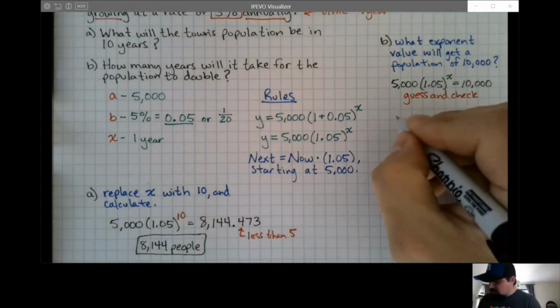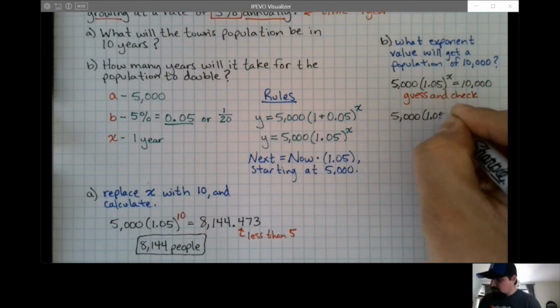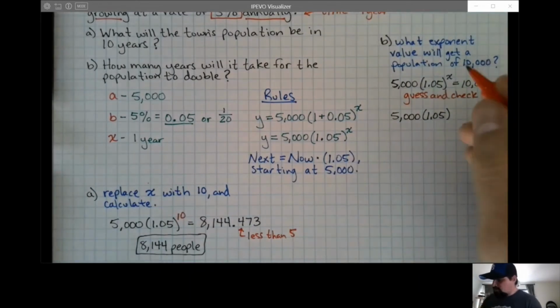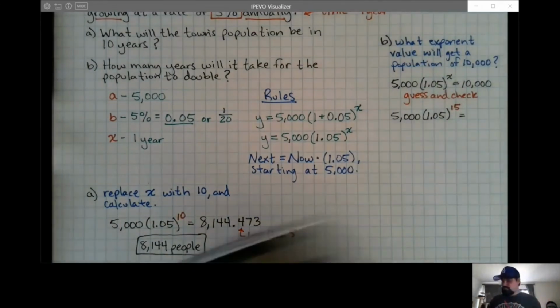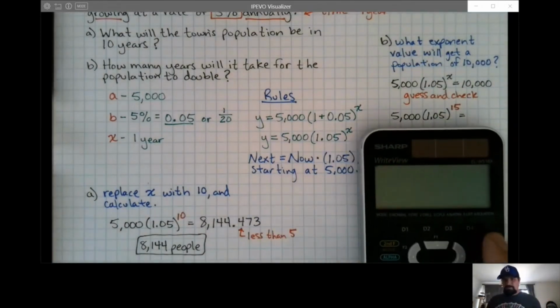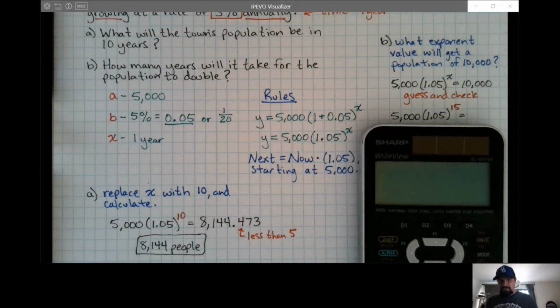When x equals 15, we have 5,000 times 1.05 to the 15th is going to equal, let's do this real quick. We have 5,000 times 1.05 exponent of 15.